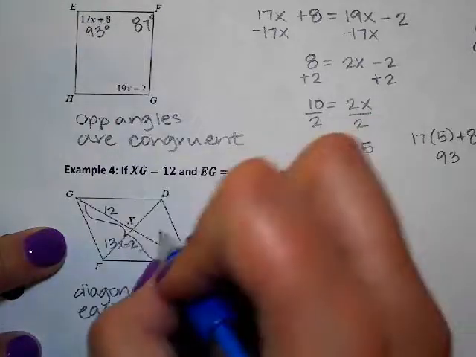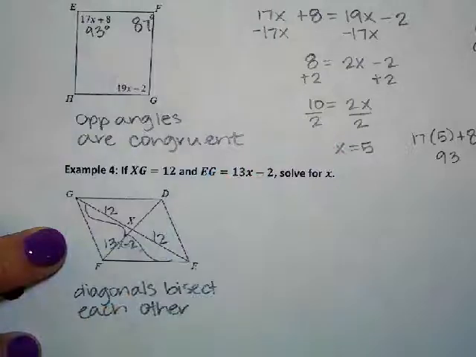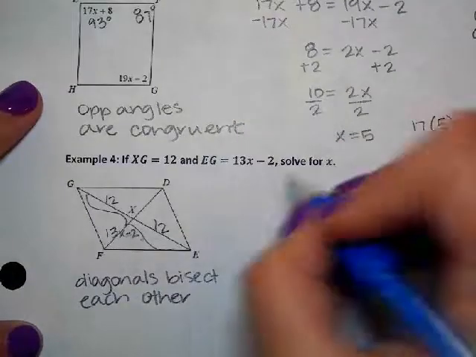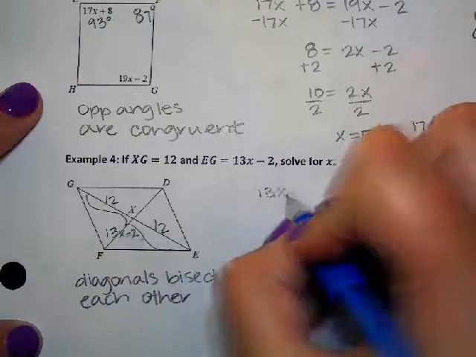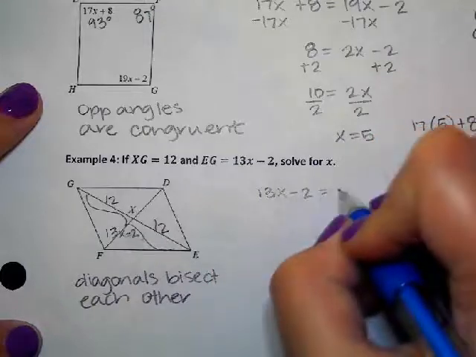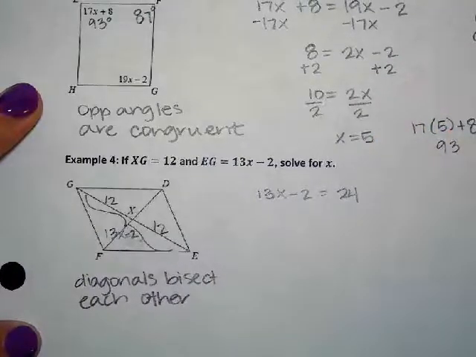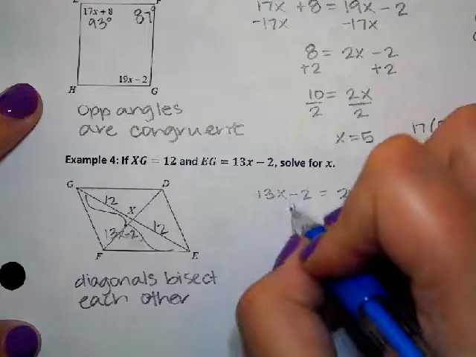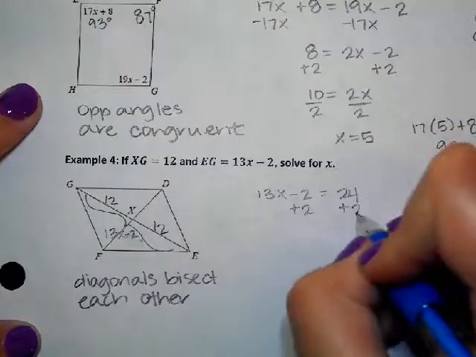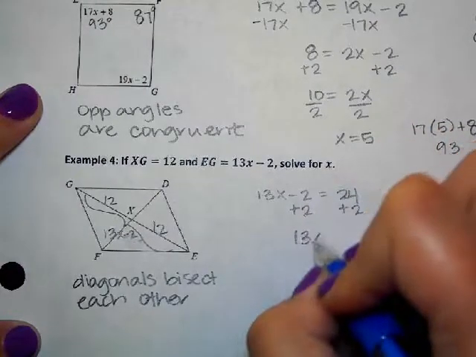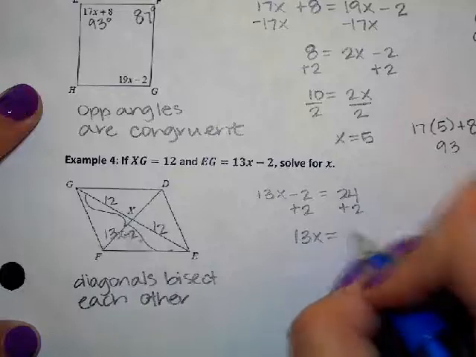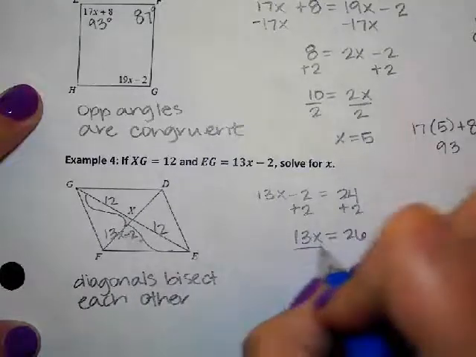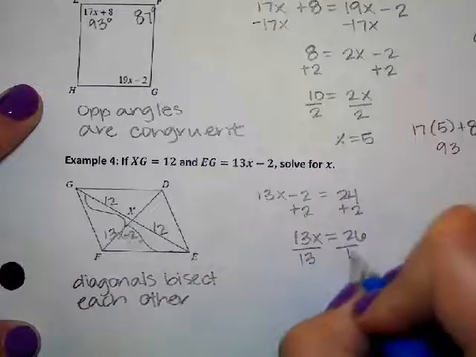It was cut in half. So we're going to have 13x minus 2 equals 24. So once we add the 2 over, we get 13x is 26. And so x is 2.